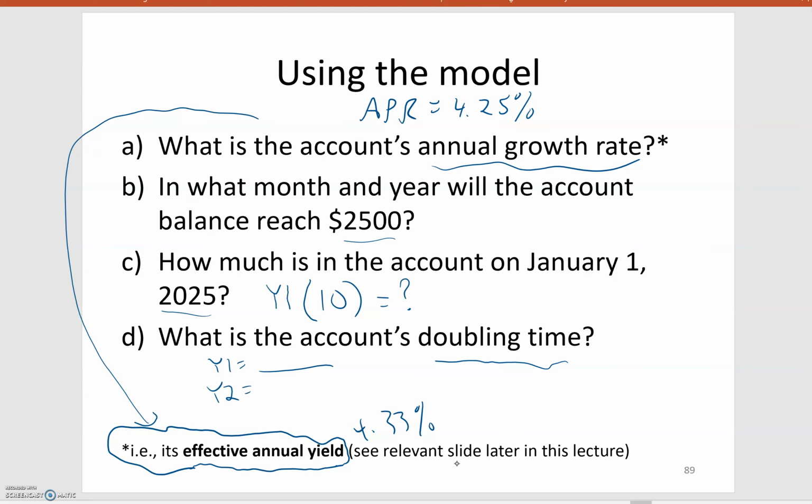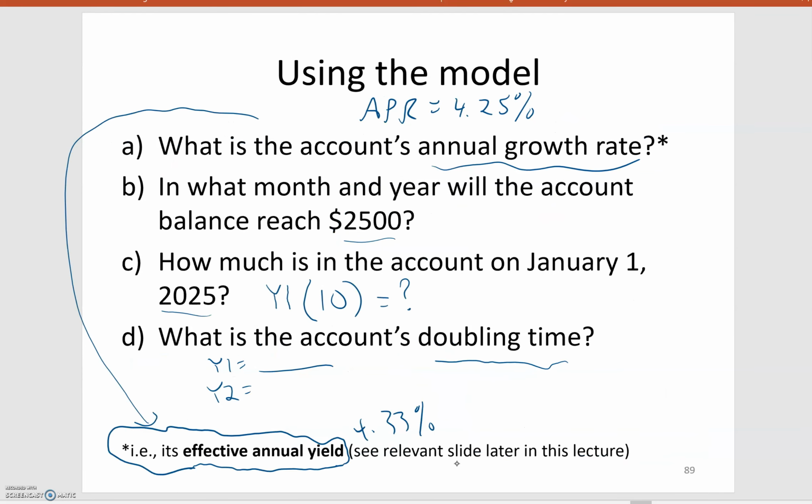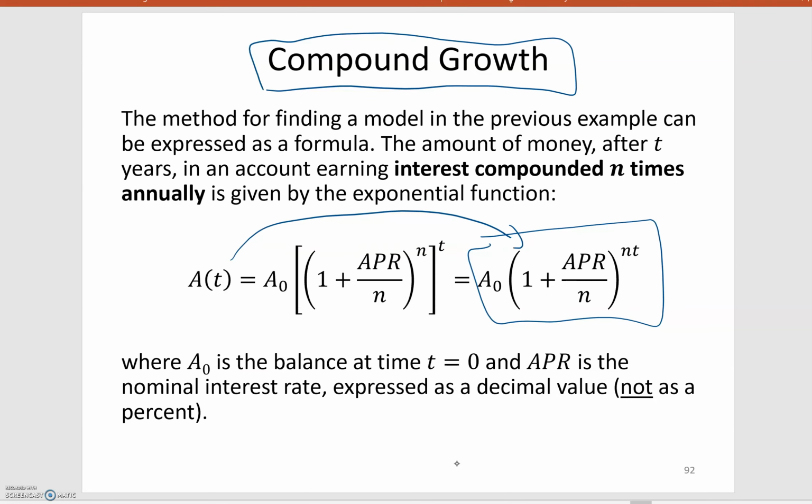And then for y2, we're going to double our initial value, which was, I believe, 2,000. Yeah. So we'd have 4,000, and we want to know when we get to 4,000. So it's basically the same steps as what you did here to find the doubling time. All right, so the actual questions, except for this first one, are all pretty straightforward. Okay.